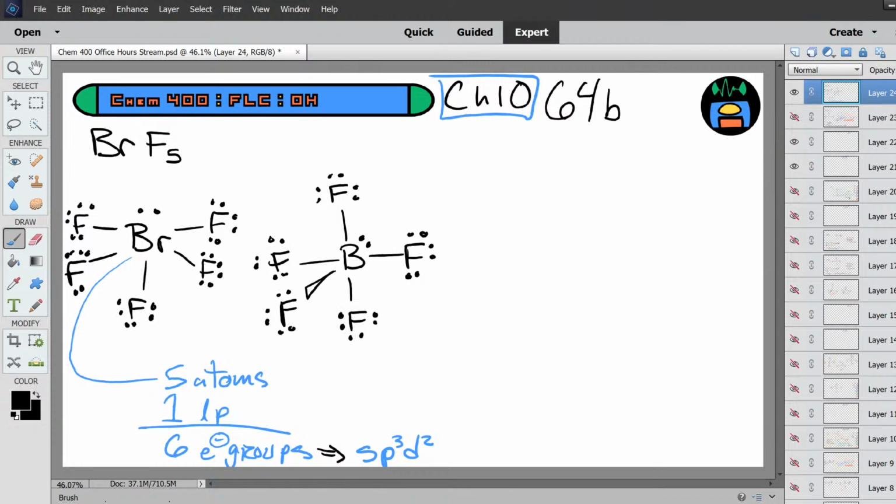All right, so when we draw this, oh, sorry, that's Br. It's bromine. So we've got 5 sigma bonds to draw. I'm drawing the 4 that are in plane first because, frankly, I think they're going to be the easiest to draw.